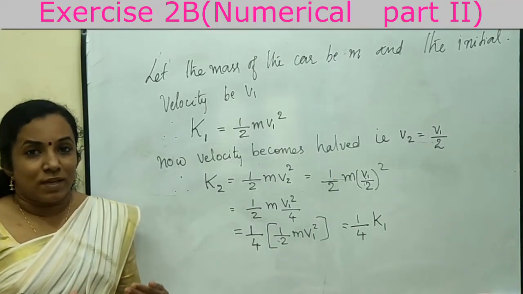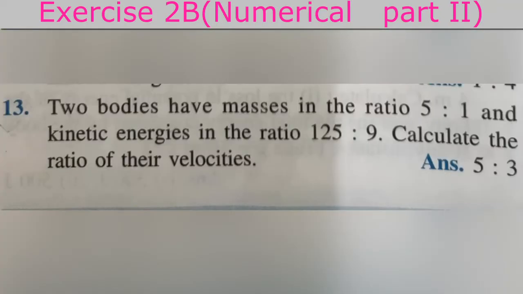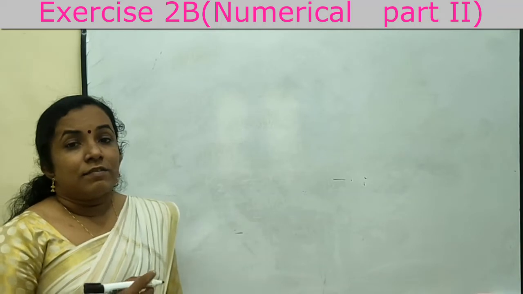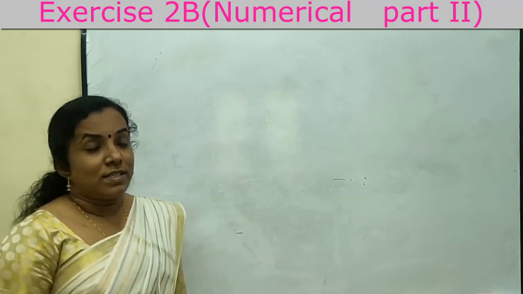Let's move to the next question. Two bodies have masses in the ratio 5:1 and kinetic energies in the ratio 125:9. Calculate the ratio of their velocities. Here we have two bodies.